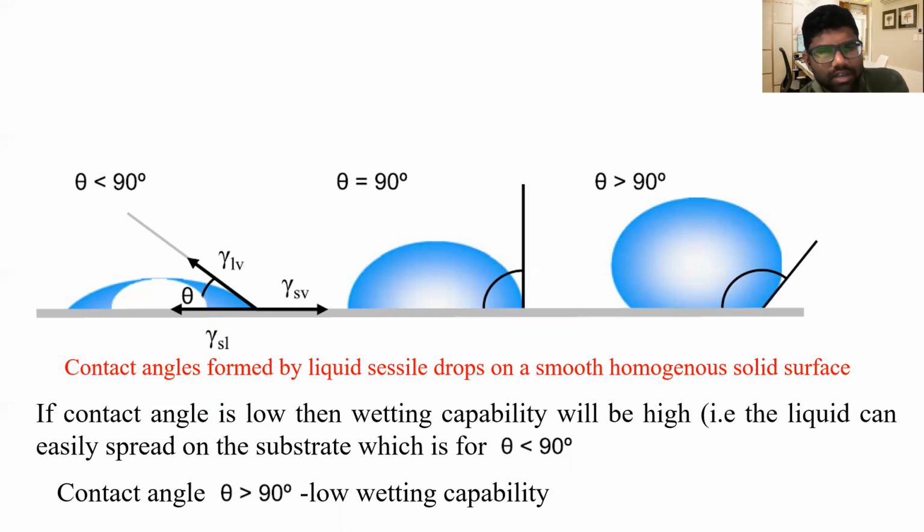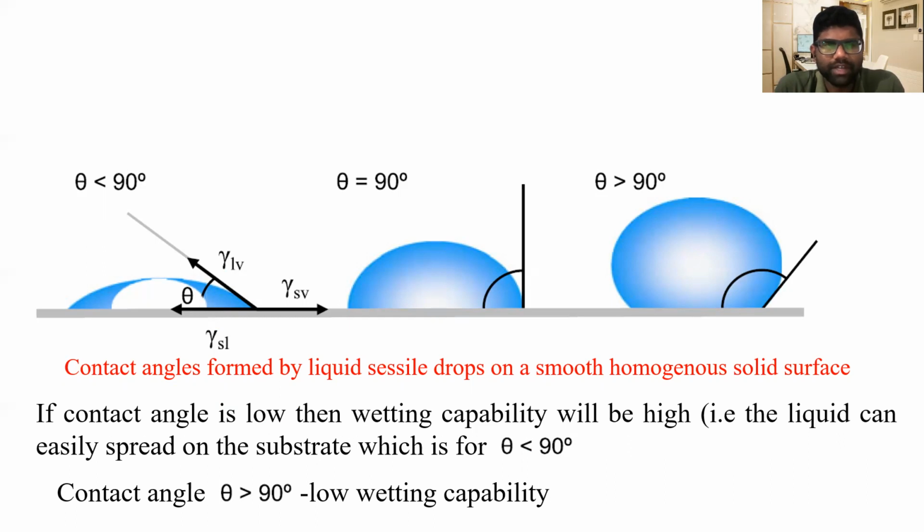If the contact angle is low, then the wetting capability will be high. That is, the surface can be wetted more, and the liquid can easily spread on the substrate.